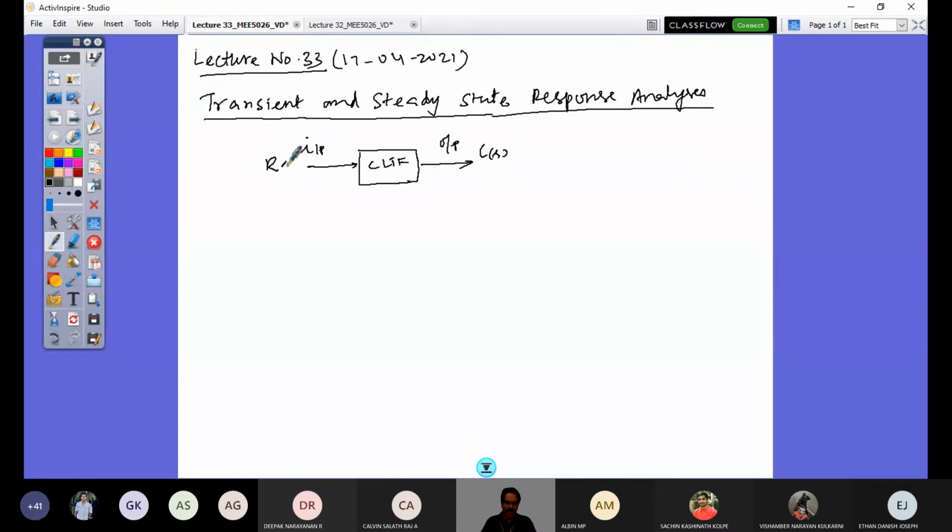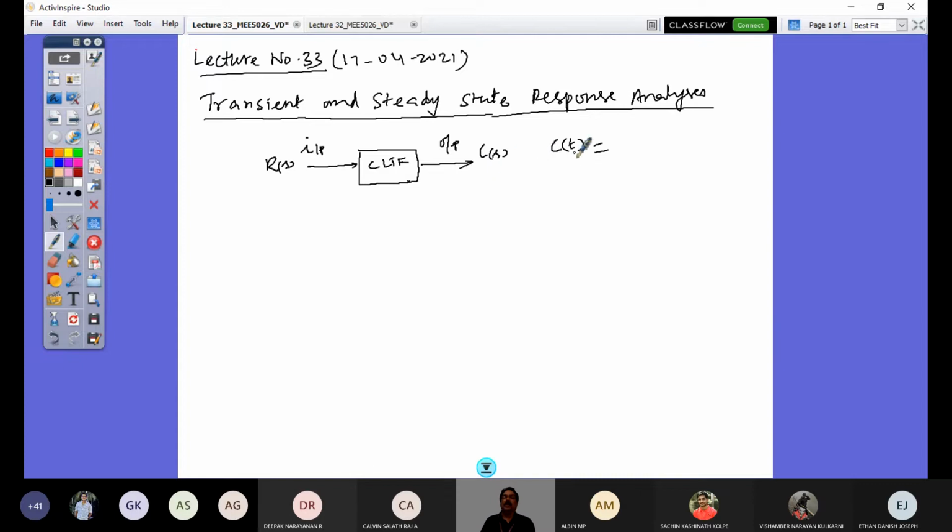Here it is the response in Laplace form, a polynomial. Whereas in the time domain, my output C of t would have two parts. So how do I get C of t if I have C of s? The Laplace inverse transform of this is C of t, or you can use a convolution integral.